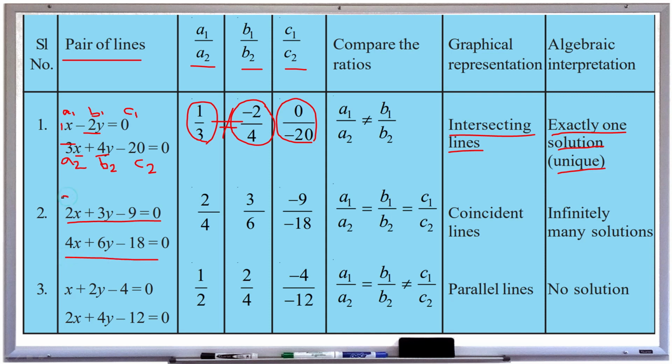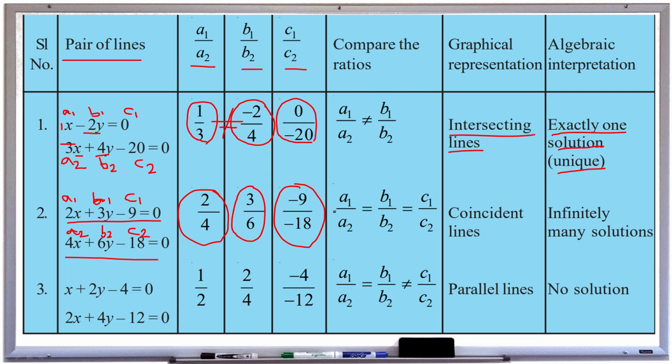Here a1 is 2, and similarly a2, b2, c2. Now we can write a1 by a2 as 2 by 4, b1 by b2 as 3 by 6, c1 by c2 as minus 9 by 18.